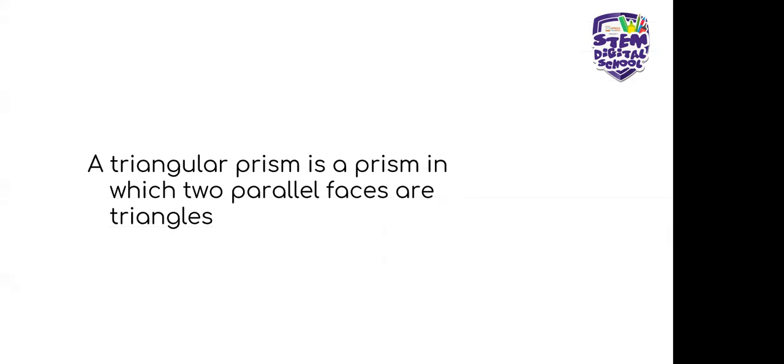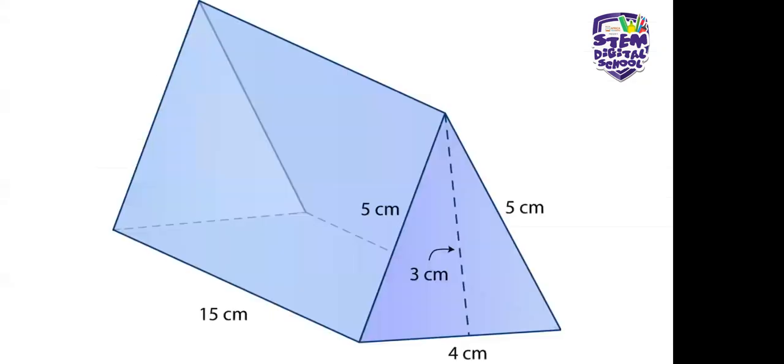But the last definition that I want to post this afternoon is the triangular prism, which is a prism in which two parallel faces are triangles. So please make time to analyze these definitions so that you are able to clearly find a surface area if you are called upon to do so.